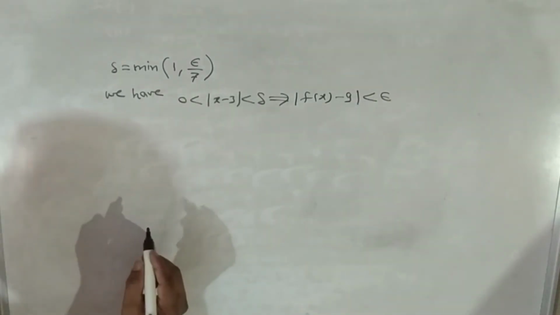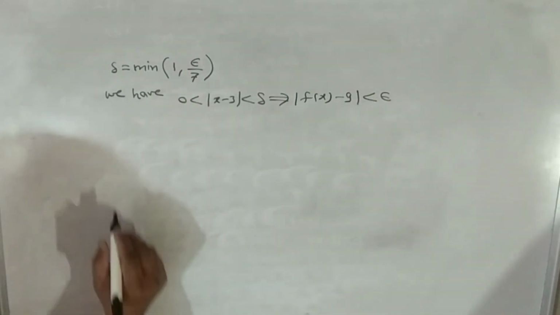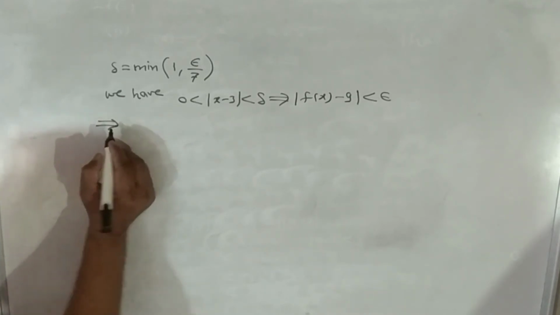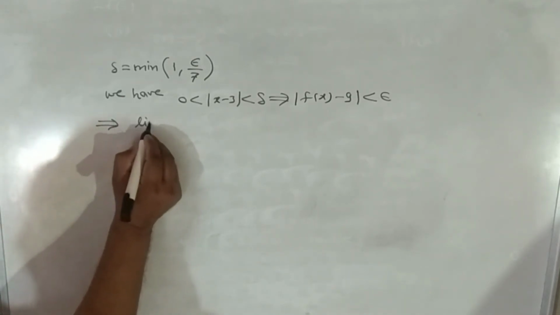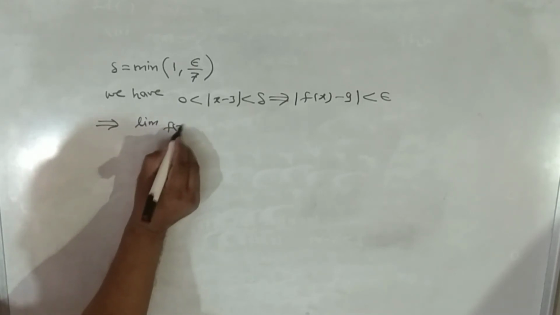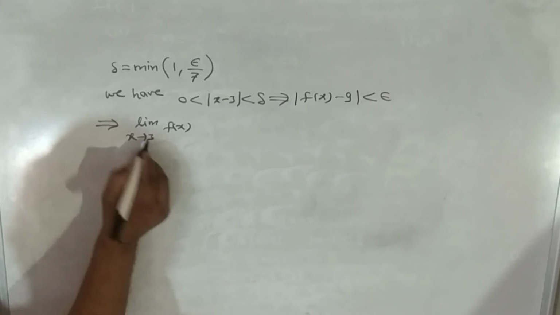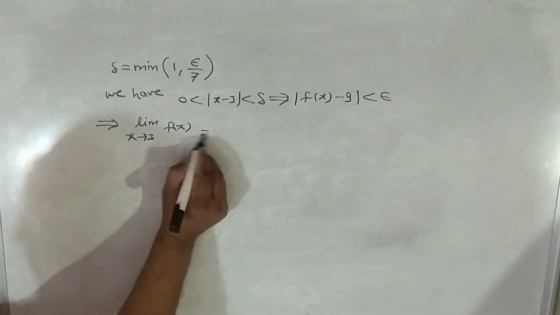Therefore this implies that the limit of the function f of x as x tends to 3 is equal to 9.